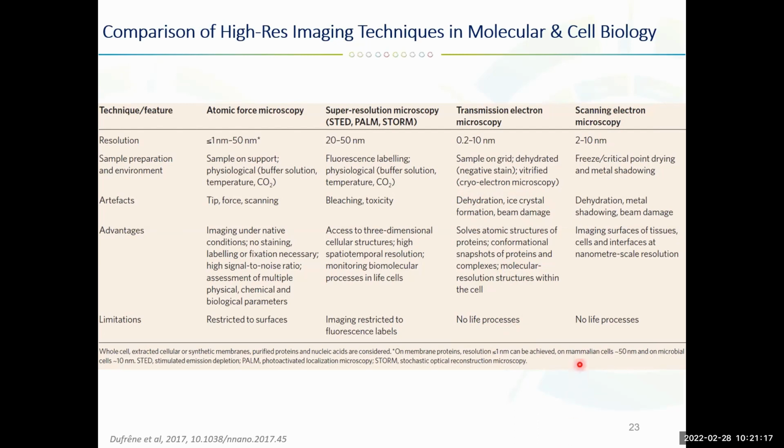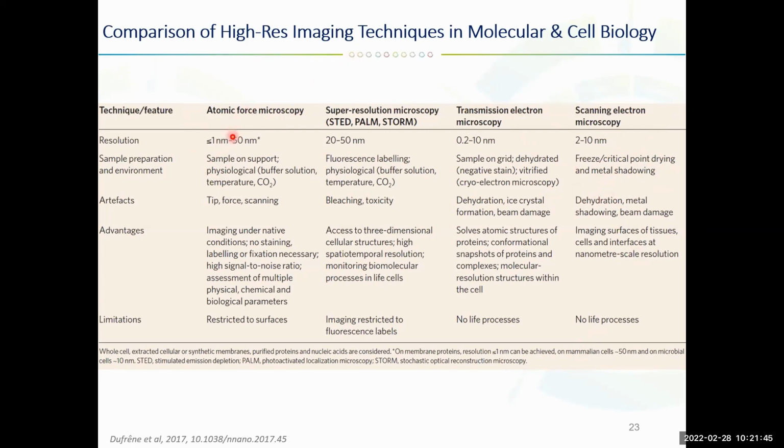The last one is scanning electron microscopy. It has almost the same resolution as transmission electron microscopy. One thing is that you have to dry the sample out. You cannot measure anything in solution in scanning electron microscopy, in comparison with atomic force microscopy. The images, I would say, might be similar.